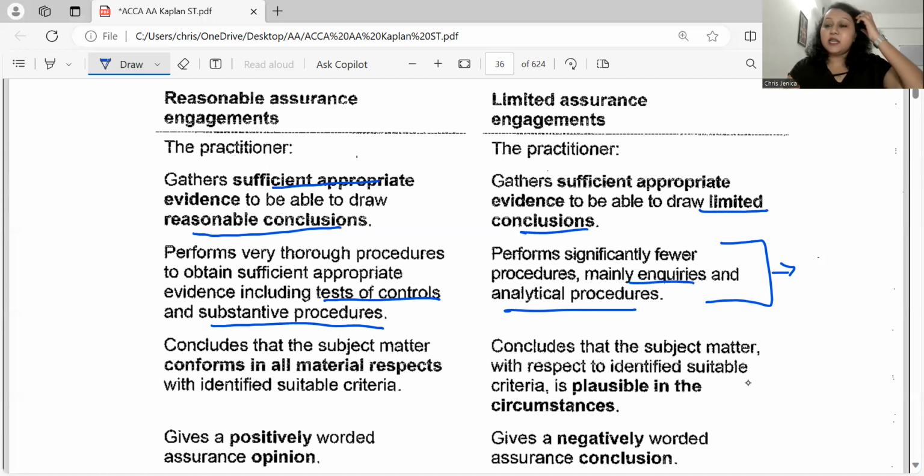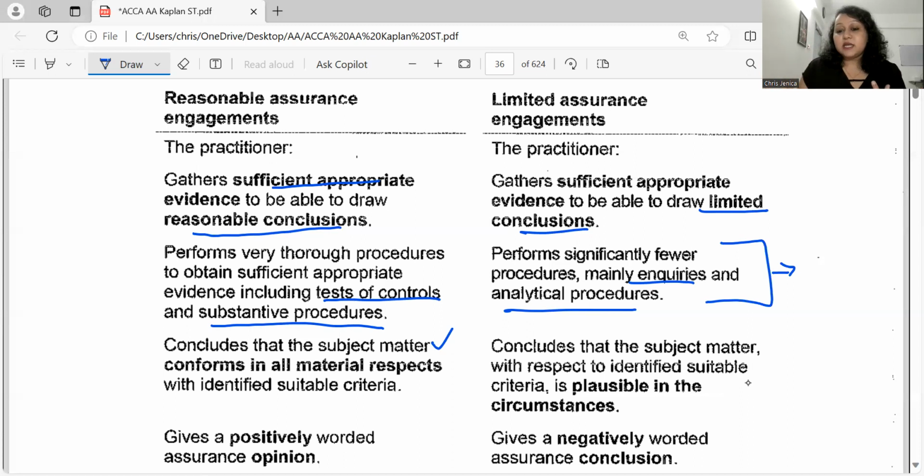So when you are carrying out the test of controls and the audit procedures extensively, you will be able to confirm in all the material aspects regarding the subject matter being audited. Okay, but whereas you are just going to make the analytical procedures and just make some enquiries, you are not going to test the controls there. You are just going to inquire the management regarding the systems and controls. You are not testing the controls.